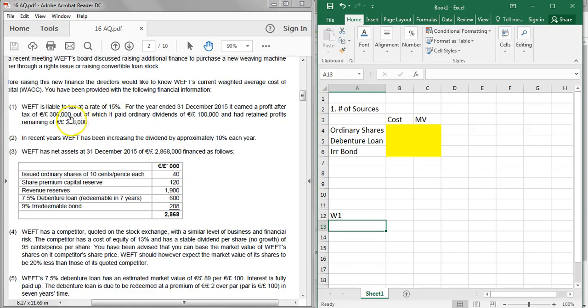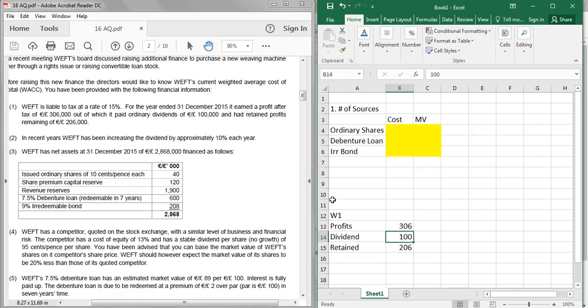So we're told profits, we're told the tax rate, we're told they pay dividends of 100,000 and they retain profits of 206. So your profits are 306, the dividend is 100, and therefore retained is 206. Now, often that won't be given directly in the exam.